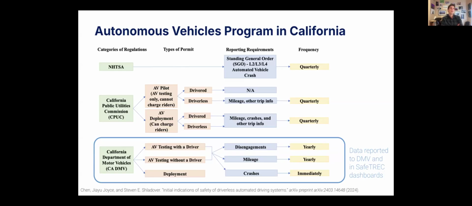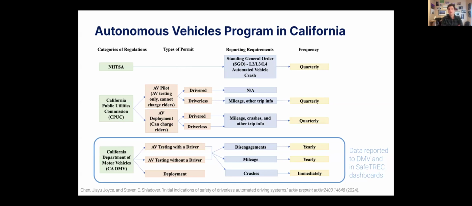The first is that autonomous vehicle testing in the state of California comes under the jurisdiction of two different state agencies. The first agency is the California Department of Motor Vehicles. The second agency is the California Public Utilities Commission. When a vehicle is authorized to test, meaning not without any occupants, so I'm not talking about Waymo, previously Cruise, now as of last week, Zoox, which are offering rides to the public.